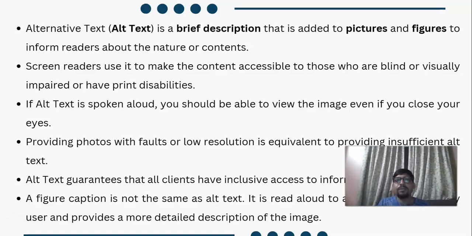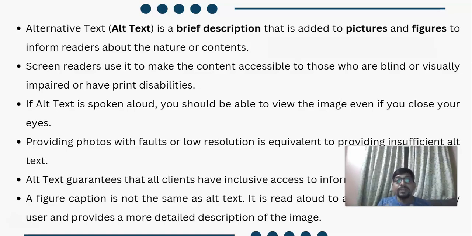Actually, if alt text is spoken aloud, you should be able to visualize the image even if you close your eyes, just like the previous example of the CRC page. Sometimes, due to slow internet connection or low resolution of your image, the image will not upload properly.